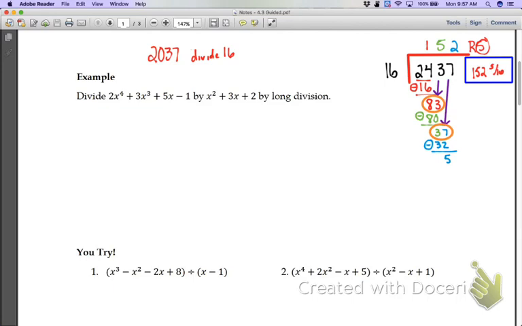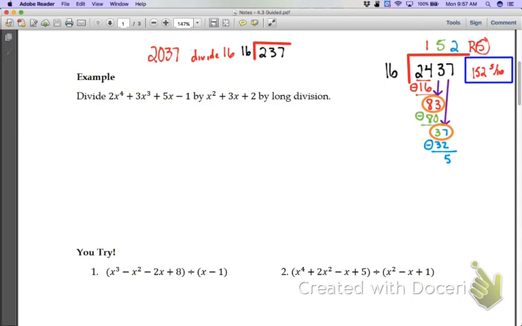Instead of 2,437, it said divide 2,037 by 16. Would you make it look like this right here? Is this what you would do? Would you go, well, 2, 3, 7?